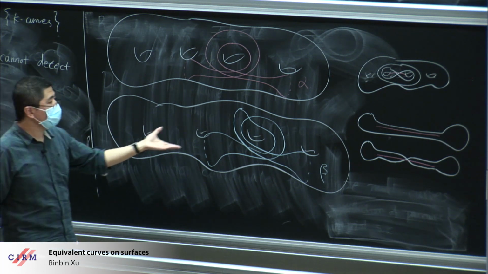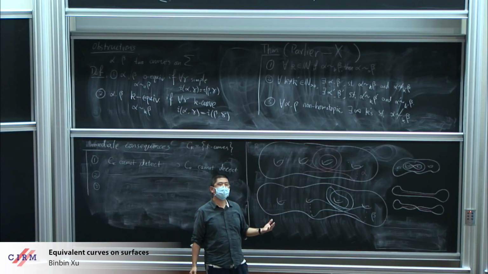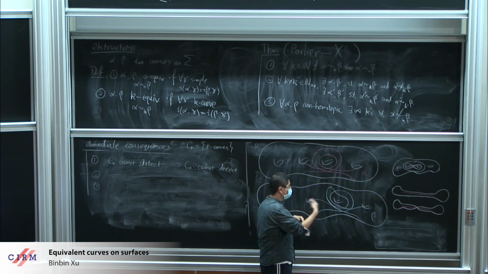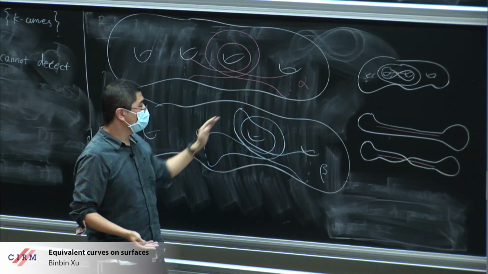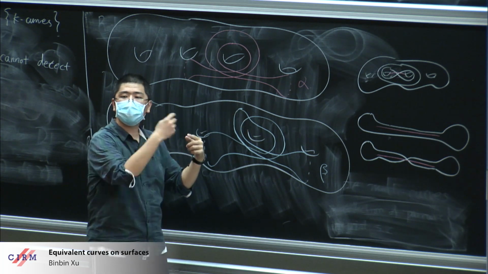And when you have this idea, then you know how to construct a more general example, right? You just make the picture more complicated to force all the arcs which can tell this intersection point to intersect more.